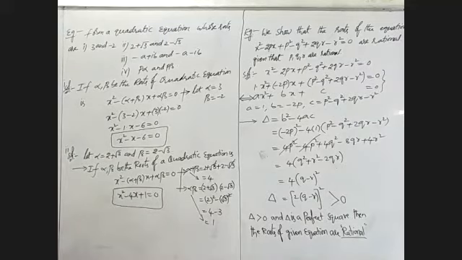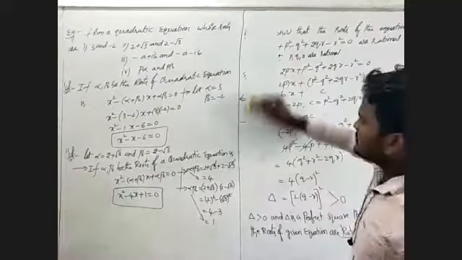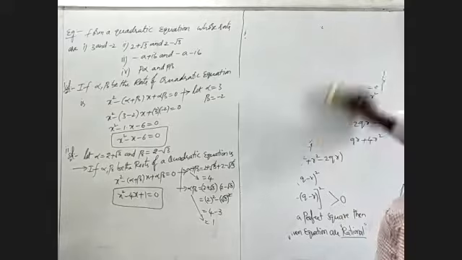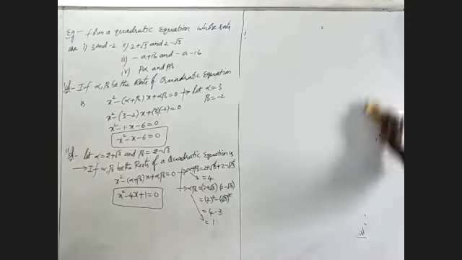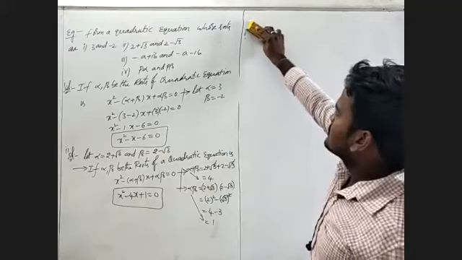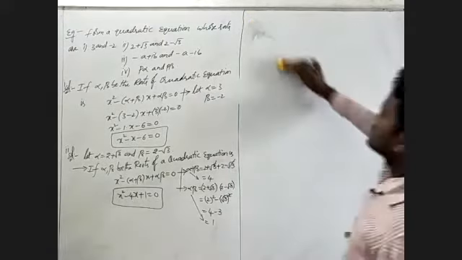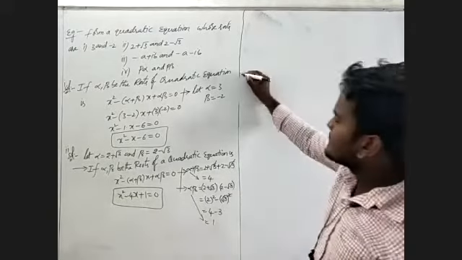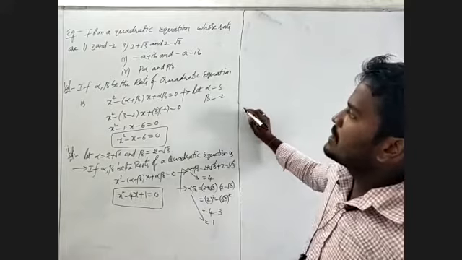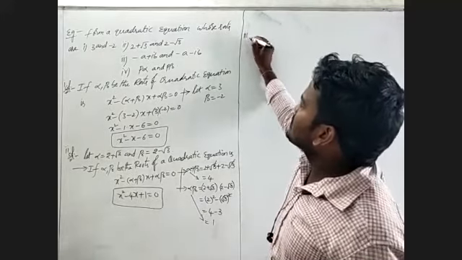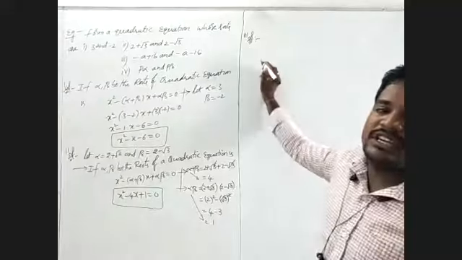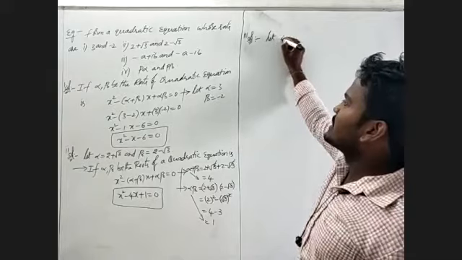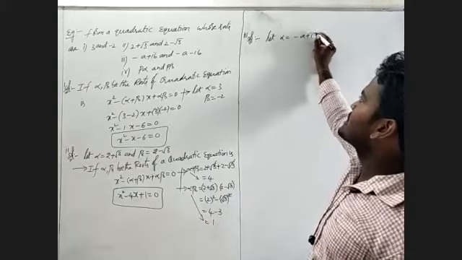Now I am going to the third one. We'll observe. Here also two roots are given, that I will take alpha and beta. First we'll write the value of alpha, that is alpha is minus a plus ib.